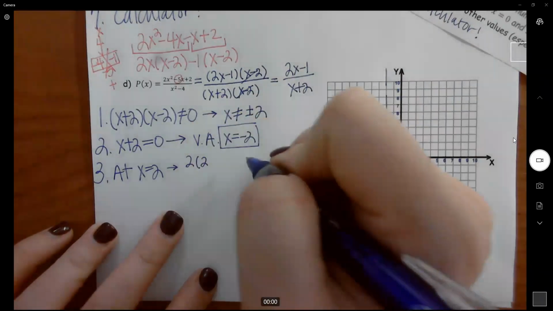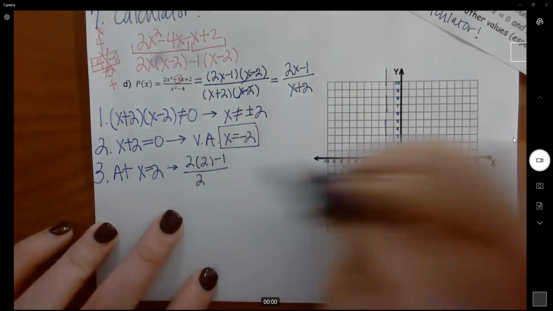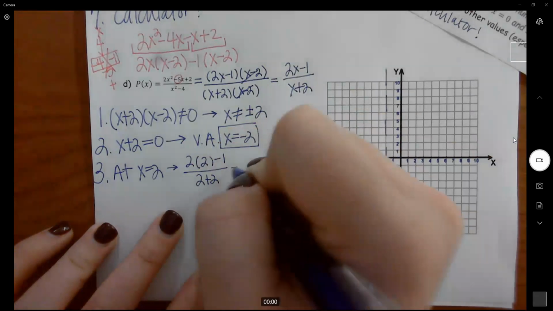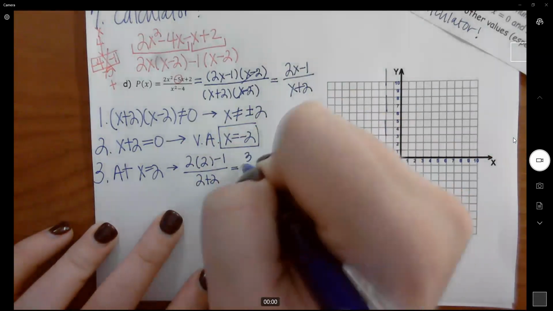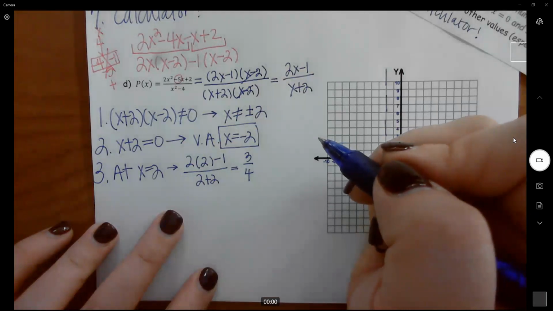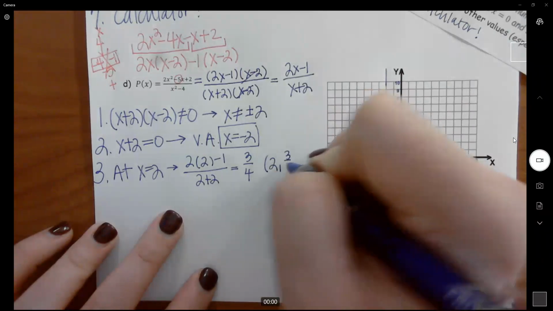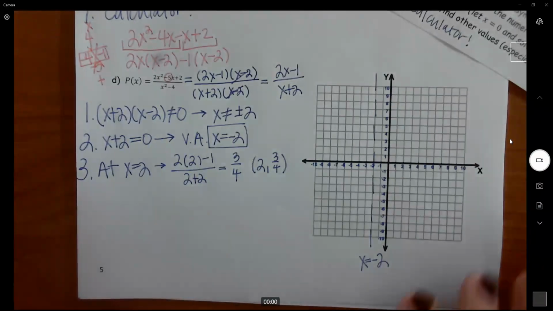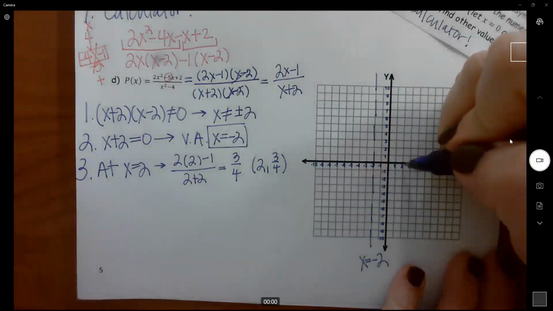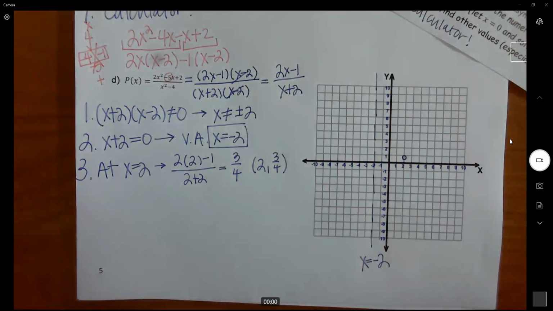So I have 2 times 2 minus 1 over 2 plus 2. I'm going to get 3 over 4. So that ordered pair is 2, 3 over 4. So I will put in my hole, 2 and 3 over 4. So that is a hole, not a dot.